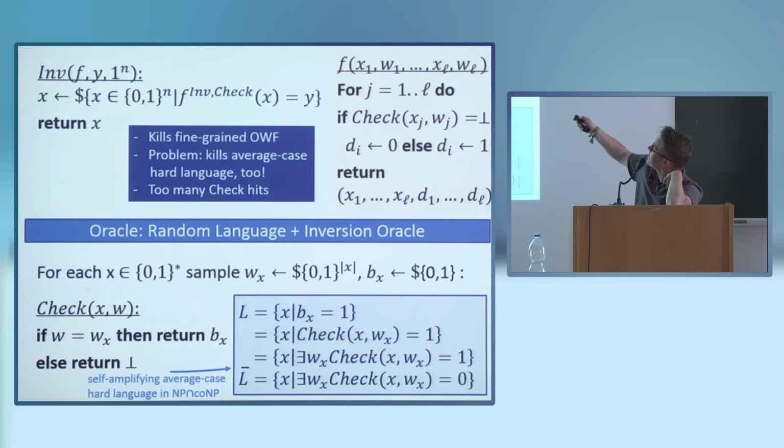For example, a function that on x and the witness just checks whether this is the right witness, and if it's the right witness, it outputs 1, and else it outputs 0. So here, if I put x1 to xl and d1 to dl, the pre-image is the set of witnesses. This would allow me to invert this one-way function, but also to decide my average case hard language.